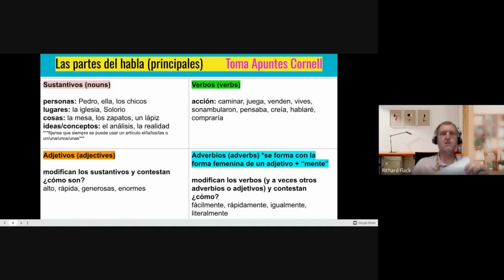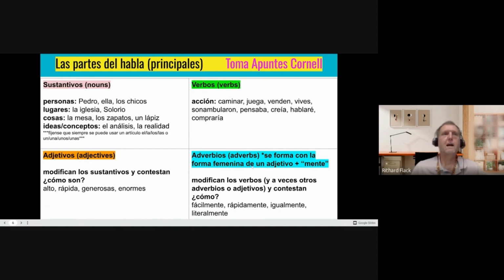So next to adjectives, you should write modify nouns and answer how are they. Alto. El chico es alto. The boy is tall. How is he? He's tall. Rápida. Ella es rápida. She's fast. Ellas son generosas. They are generous. So pick one or two of those examples and write it down on your sheet.